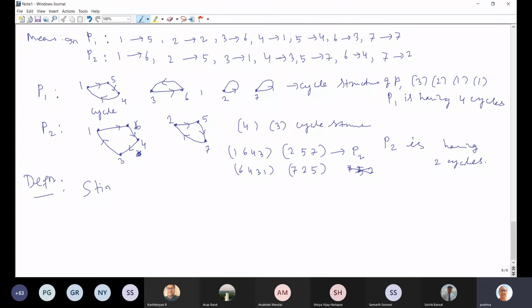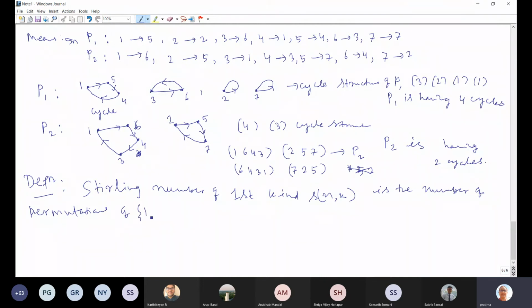So this Stirling number of first kind, s(n, k) with small s, is the number of permutations of 1, 2 to n, this set, which have exactly k cycles.